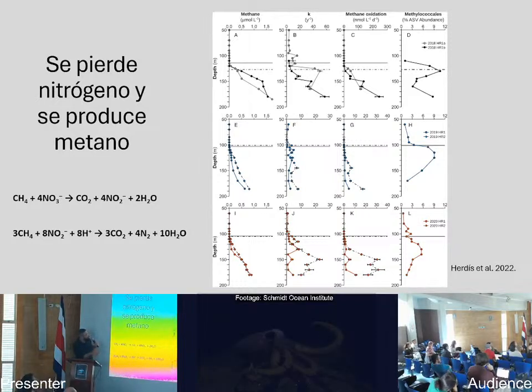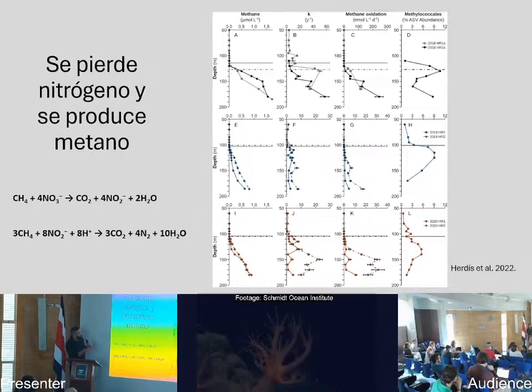This, for example, is the methane consumption rates. As you can see, the methane consumption rate increases with the depth. Also, according to the methane production in the water column, this is the constant of the consumption of methane.